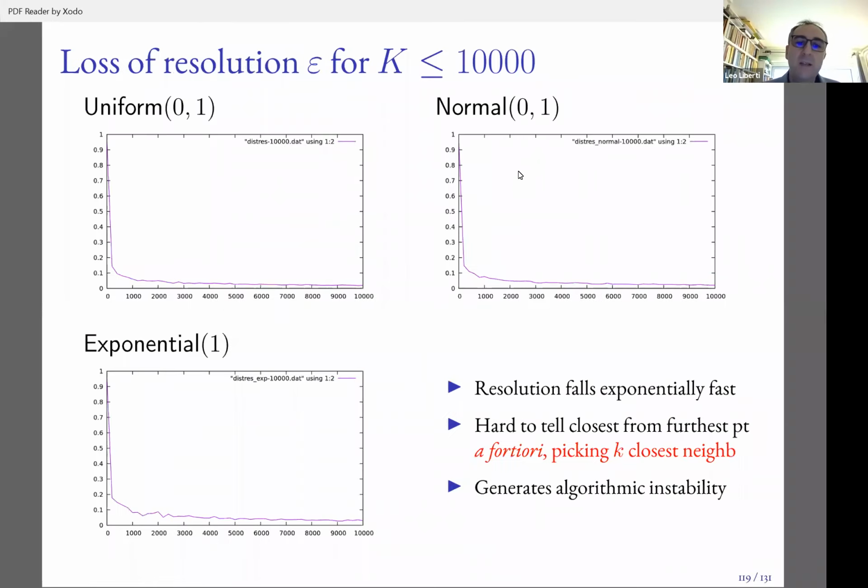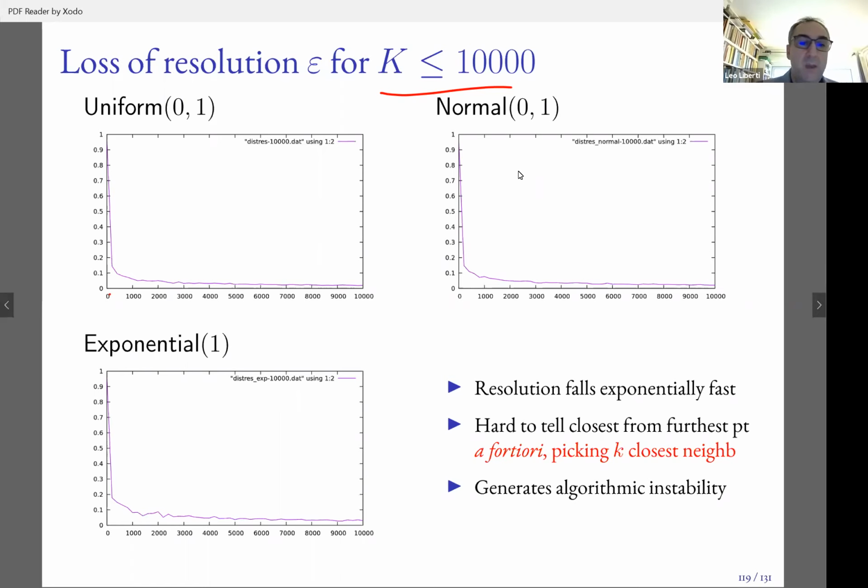But when I tested it for 3 distributions, uniform, normal, and exponential, up to k dimensions, I sampled a lot of points from 0 to 10,000 dimensions in every case. And this is the epsilon, the difference between dmin and dmax.